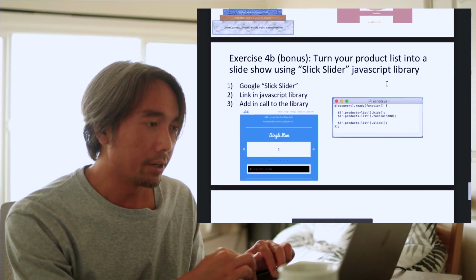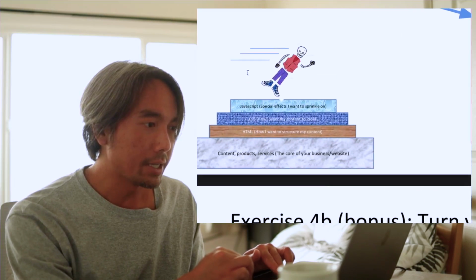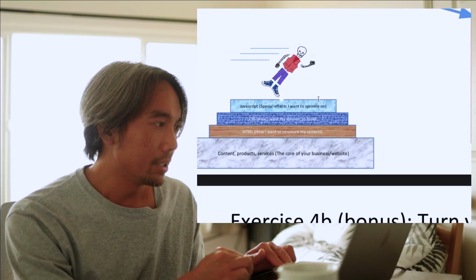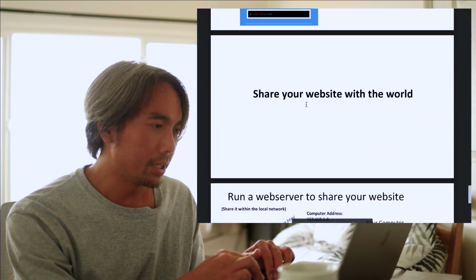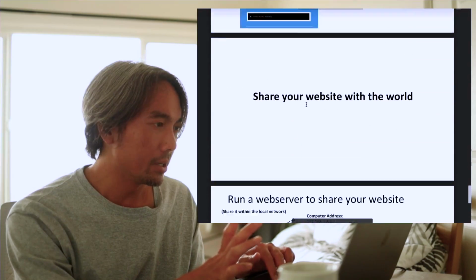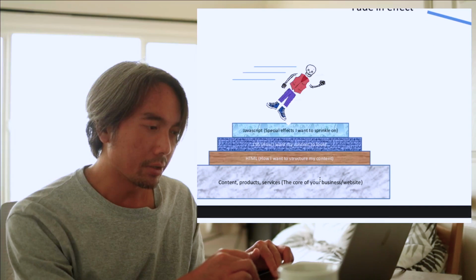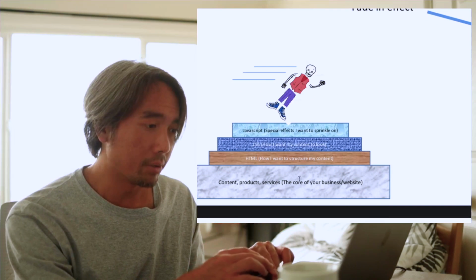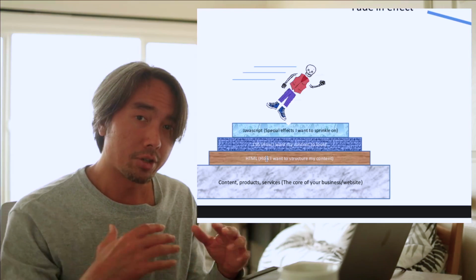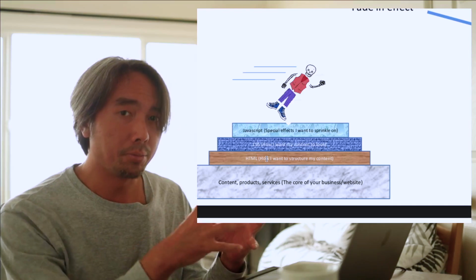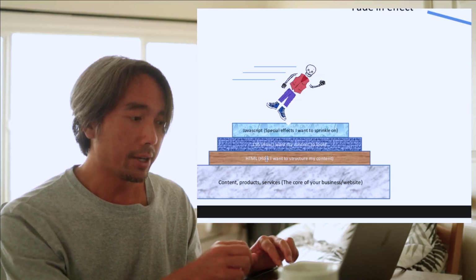Okay, the last layer here, JavaScript. Looking at this next slide, it looks like I'm sort of done with web development in general. Again, you've got your content as the most important part of your page. HTML provides structure to the content. It tells this stupid browser, what does my content mean?